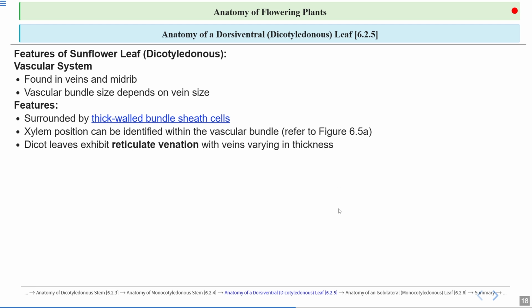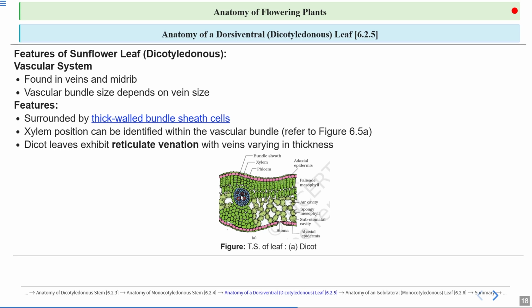Now, if you see the type of venation in the dicot leaf, it is having reticulate venation, right? So this is the midrib region. You can see the xylem region, you can see the phloem region. And when you see from the midrib, veins are given out.